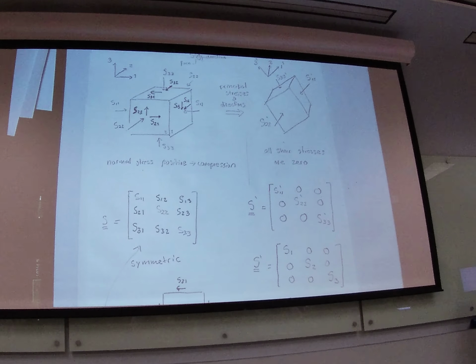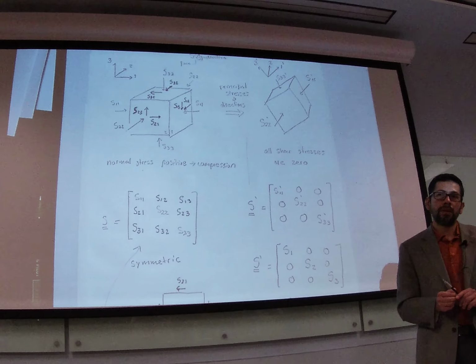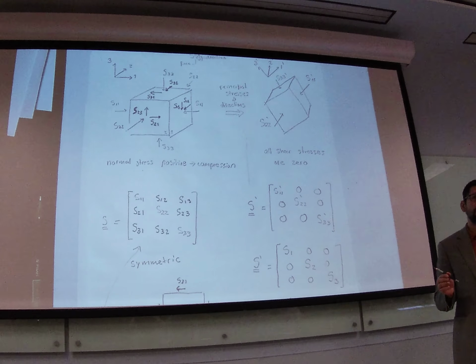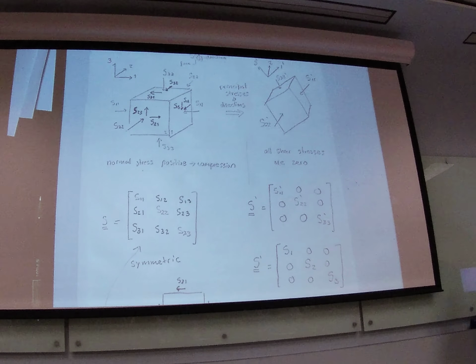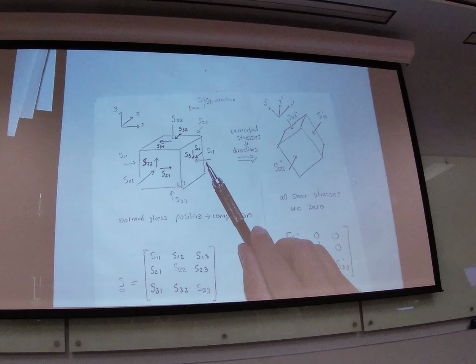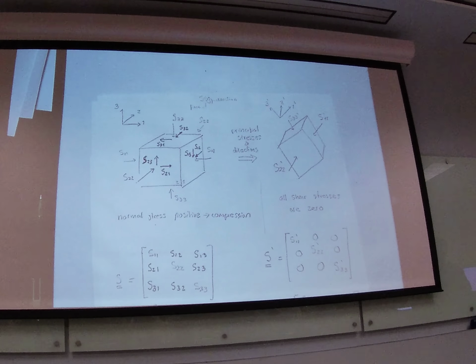Yes? So when we have shear stresses alongside the normal stresses, are the diagonals still the principal stresses, or we can't say for sure? Say again, when? If you have shear stresses alongside the normal stresses, do we know for sure which ones are the principal stresses? We don't know. If we have shear stresses on a face, this one for sure is not the principal direction. And the same with all the others.